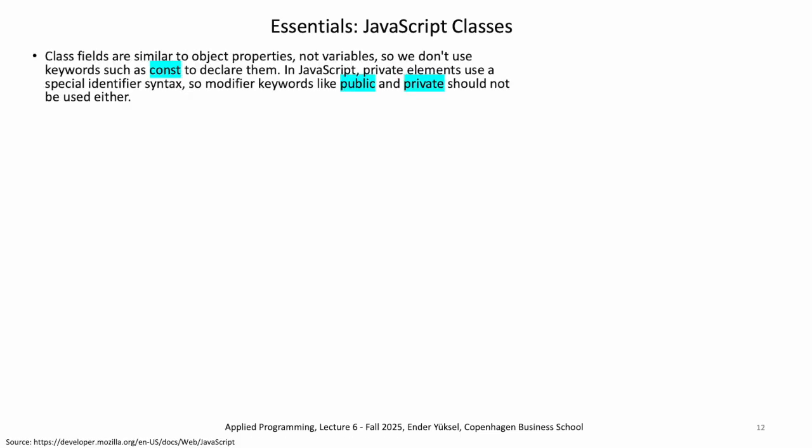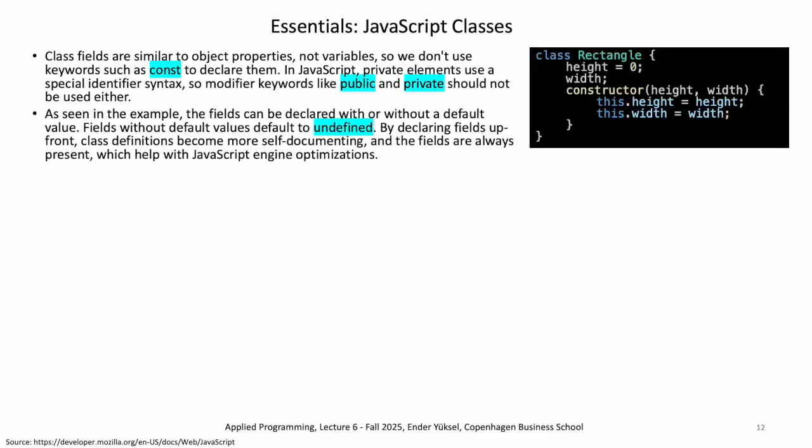Class fields are similar to object properties, not variables. Therefore, we don't use keywords such as const to declare them. In JavaScript, private elements use a special identifier syntax, so modifier keywords like public and private should not be used either.